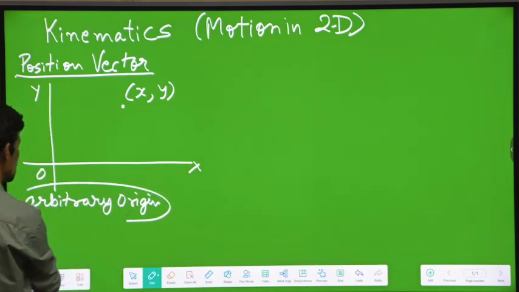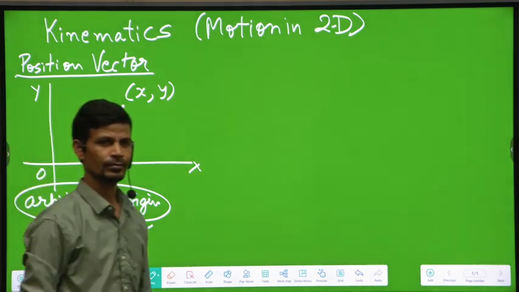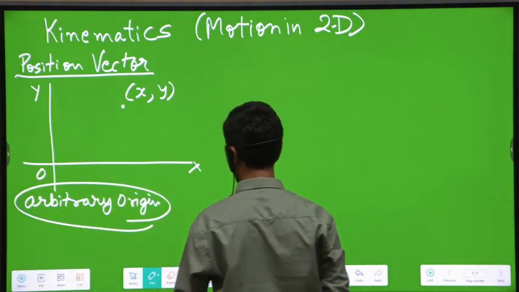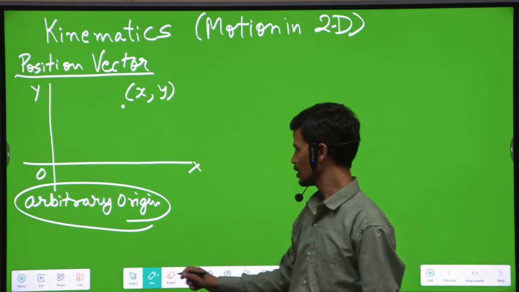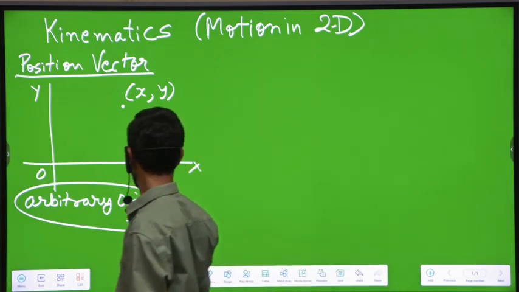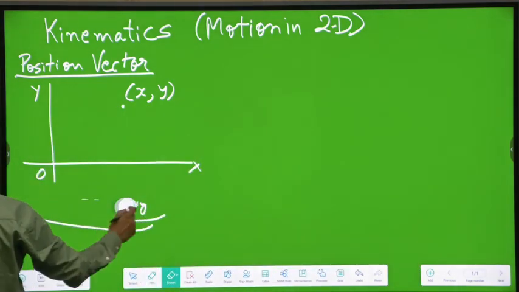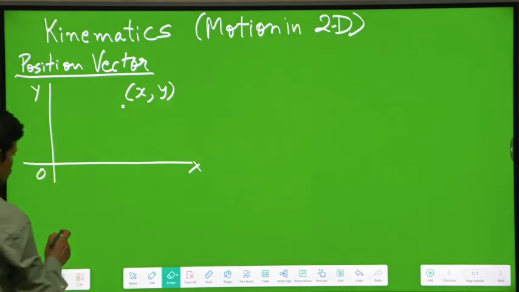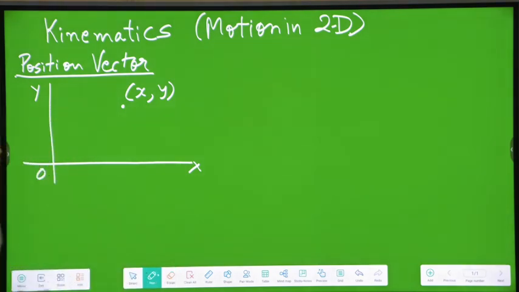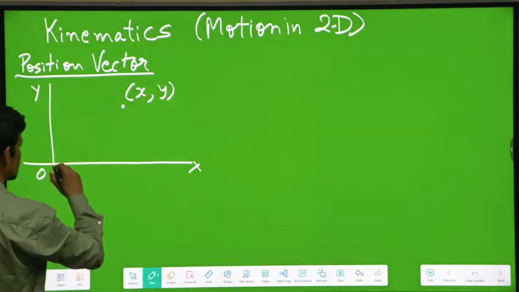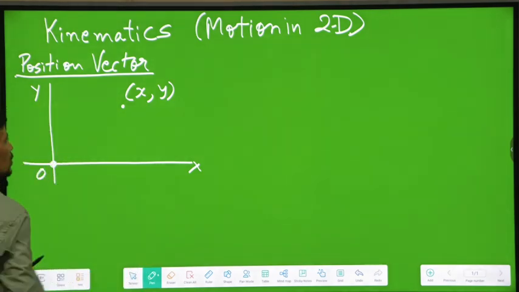Actually, its choice is arbitrary. In fact, in maths, in coordinate geometry, whenever you have drawn a graph, you have chosen an arbitrary origin there. But if we talk about vectors, then there is an origin because we are observing the motion with respect to this point O.